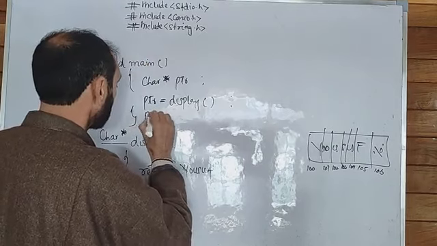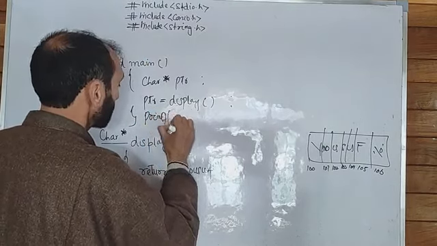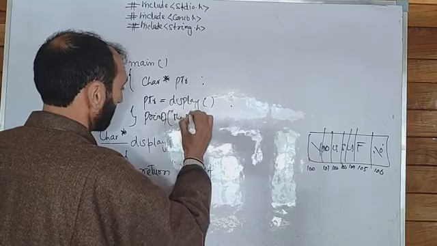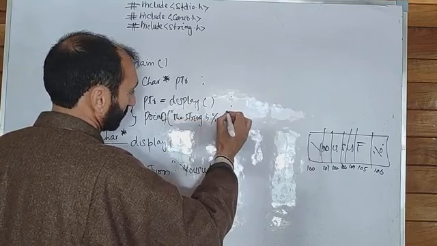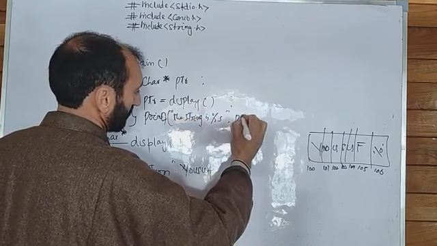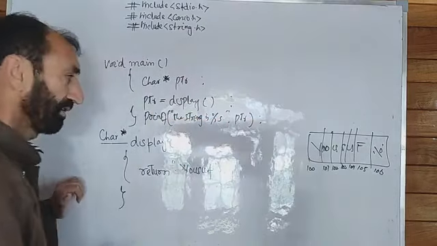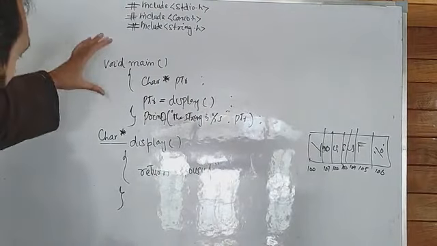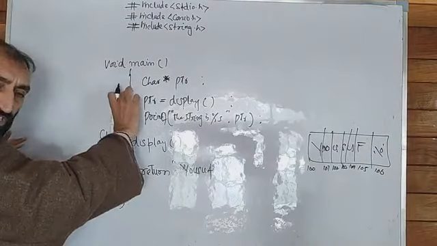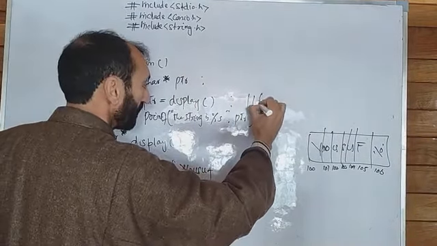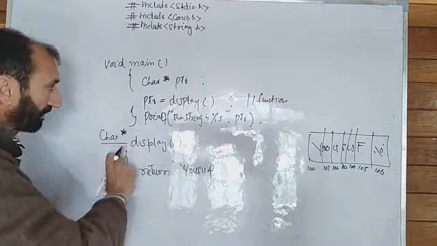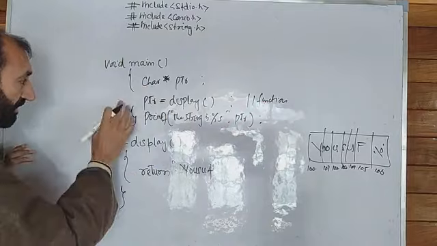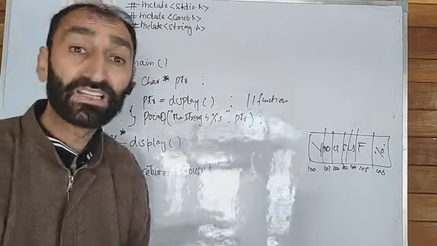After that, we are going to print the string using %s with PTR. And after declaring this in the main function, here this is a function call. The display function is going to be called by the main function, and obviously there must be a declaration of the function.